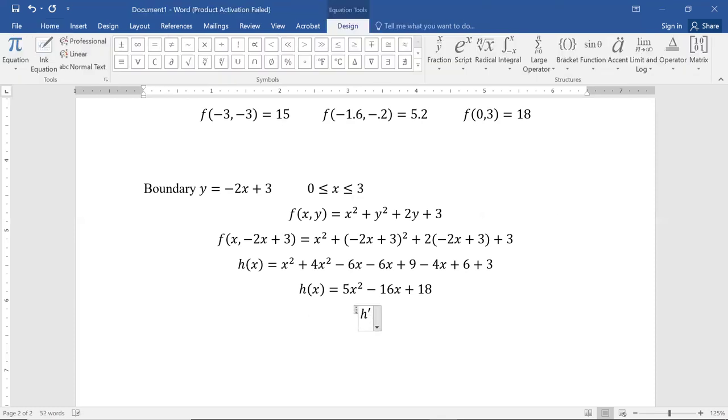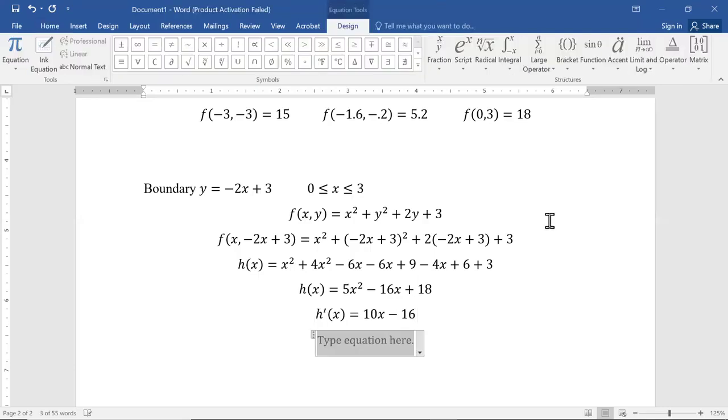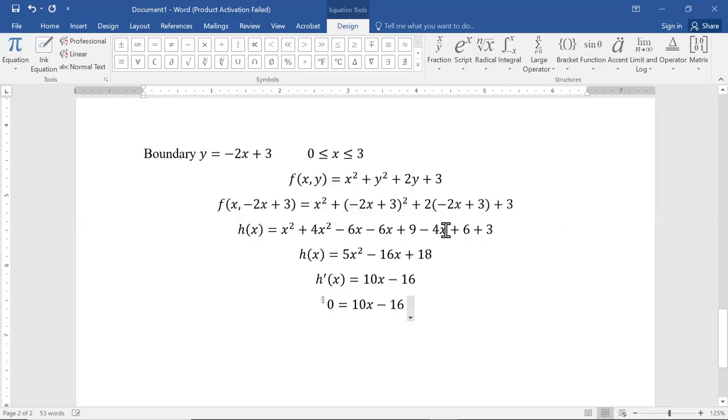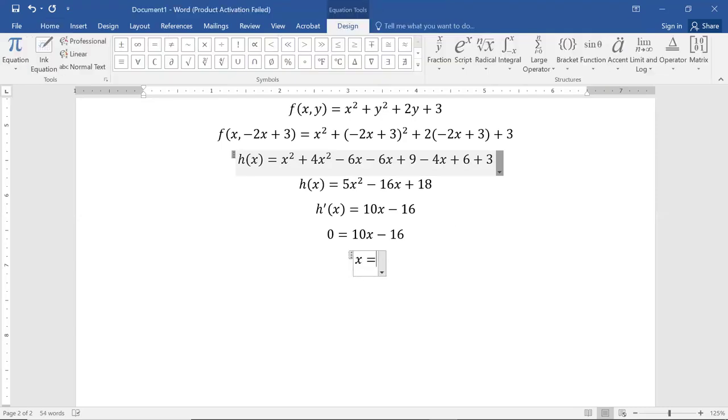Take the derivative. Derivative is going to be 10x minus 16. Set that equal to 0, and solve. We're going to get an x value of a positive 1.6.